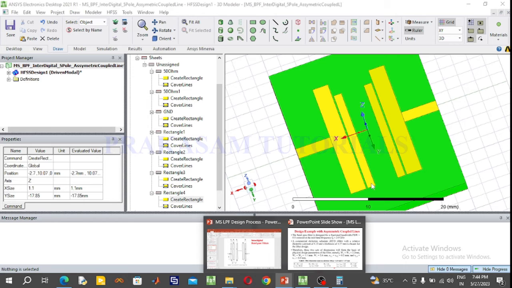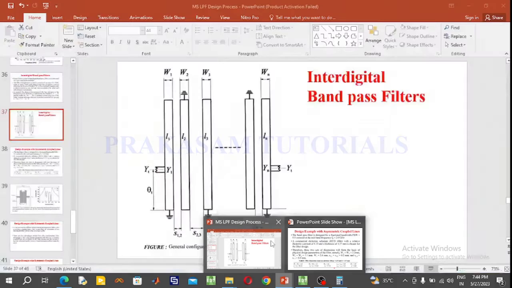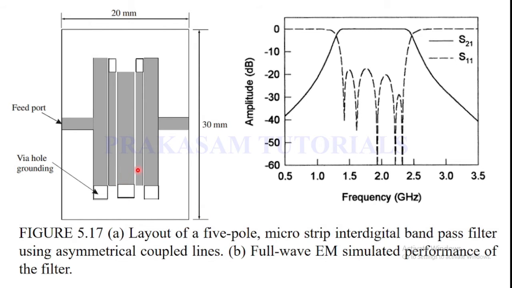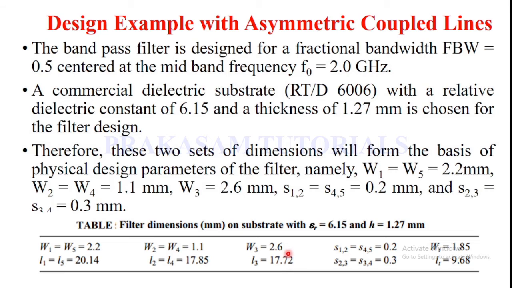And this rectangular sheet W2 and W4. Next draw the rectangular sheet W3. So W3 width is 2.6 mm and length L3 is 17.72 mm and the spacing between W2 and W3 is 0.3 mm.